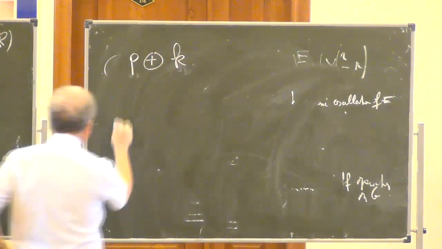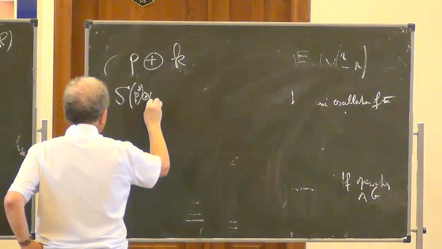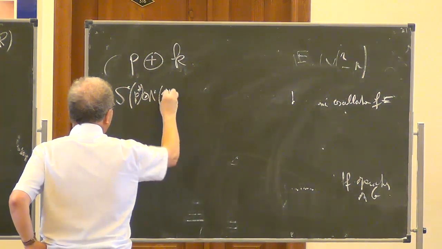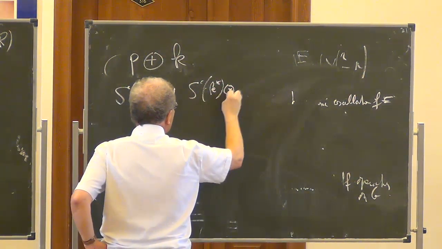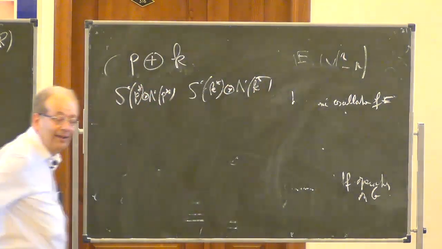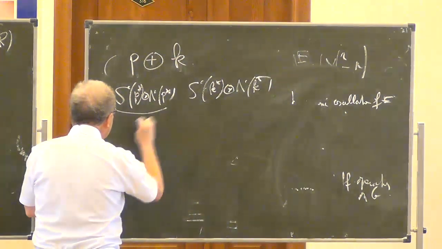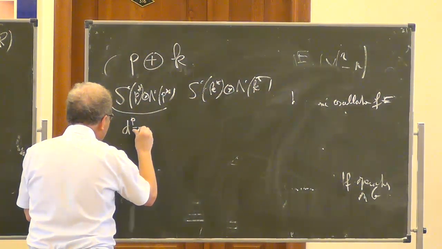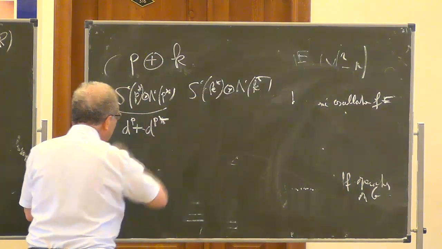So I will introduce S of P star tensored with lambda of P star, and S of K star tensored with lambda of K star.